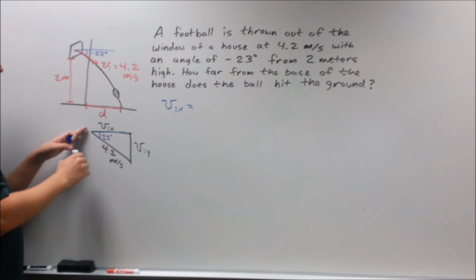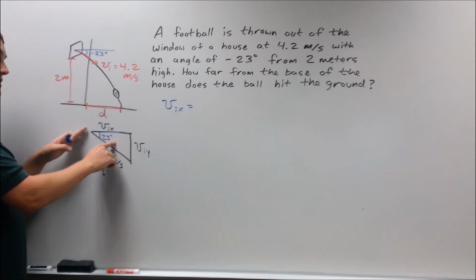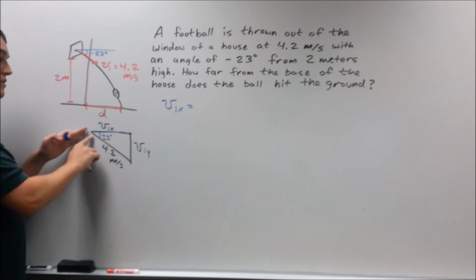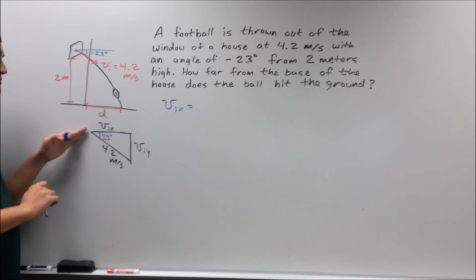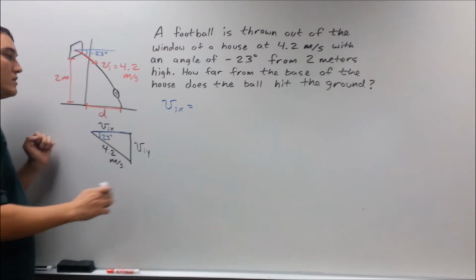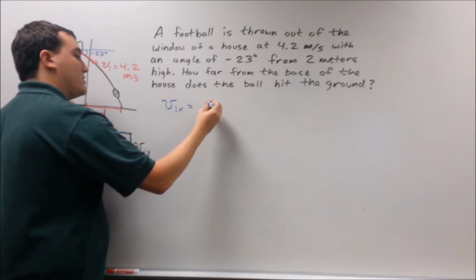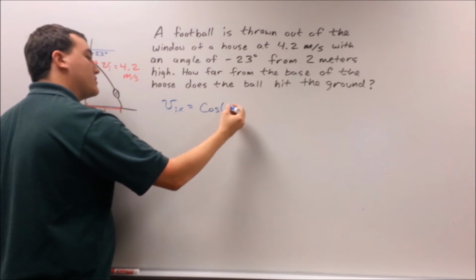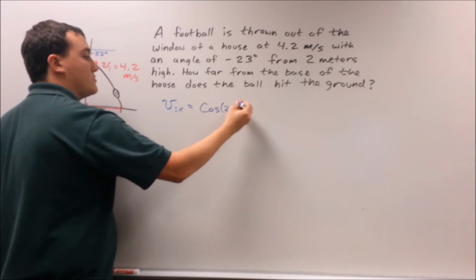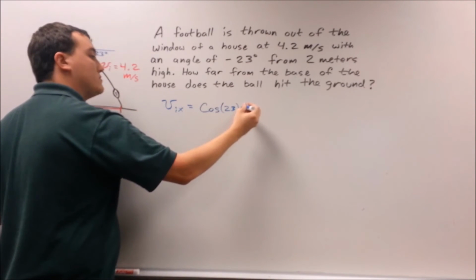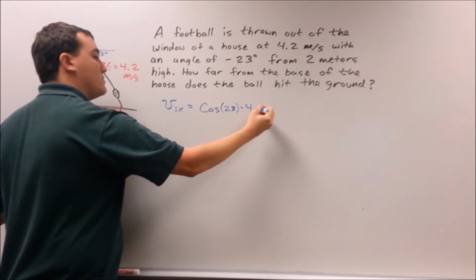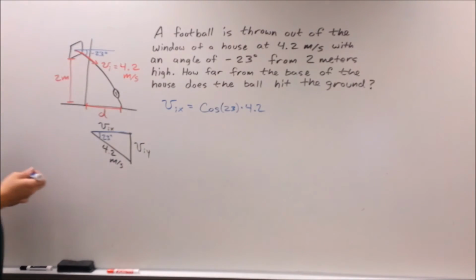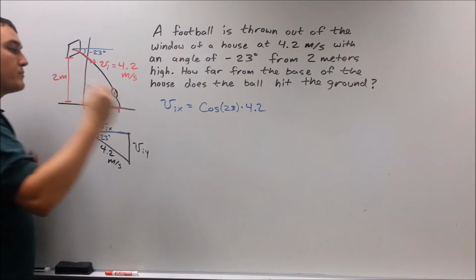So cosine of theta equals Vix over 4.2. So we get cosine of 23 degrees, we'll use, times 4.2. And we'll use that later.